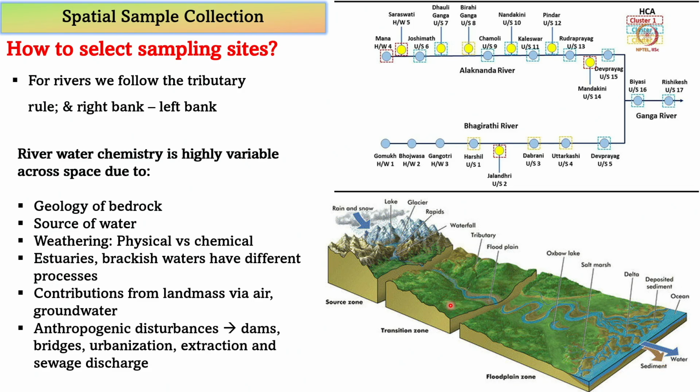So all these parameters you need to think of before you go for a sampling, and this is extremely important for rivers because of so many parameters that can alter the river chemistry. Now with this I come to the end of this particular lecture.